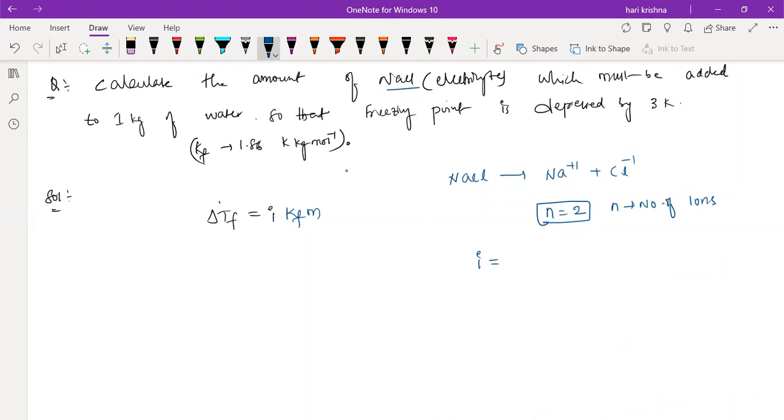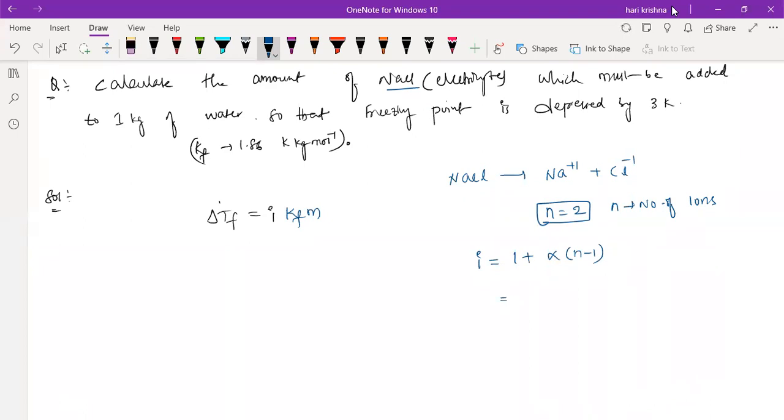In the case of dissociation, what is the formula? i is equal to 1 plus alpha into n minus 1. Good. Here they didn't mention any degree of dissociation, right?